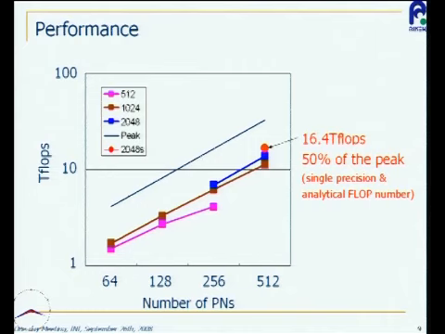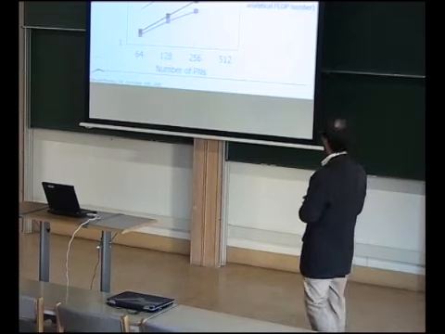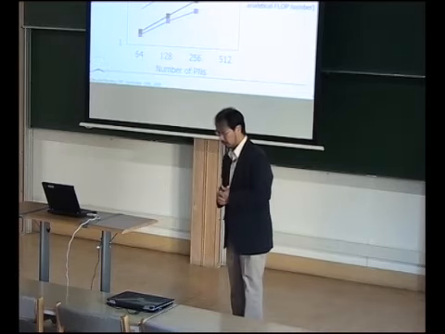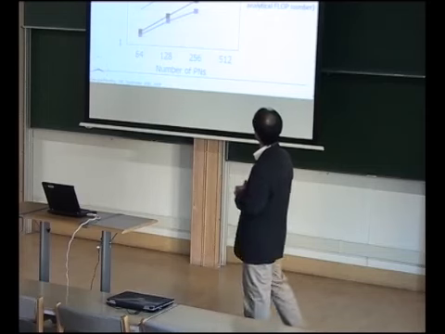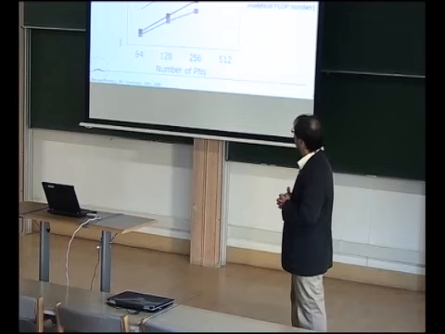This is the performance of the code. In the 2048 cubed simulations, with the 512 compute nodes, we obtained the 16 teraflops sustained performance. It means 50% of the peak.